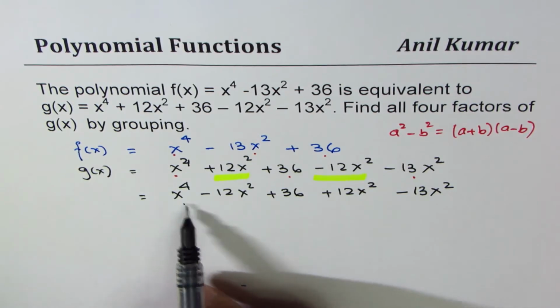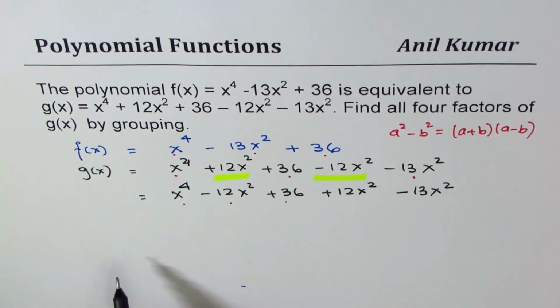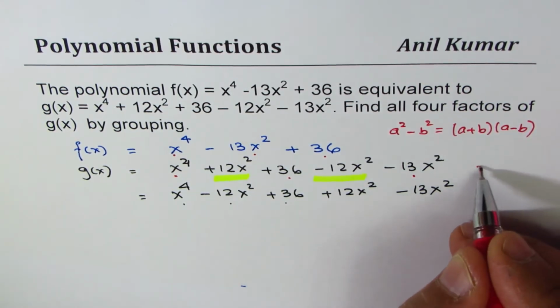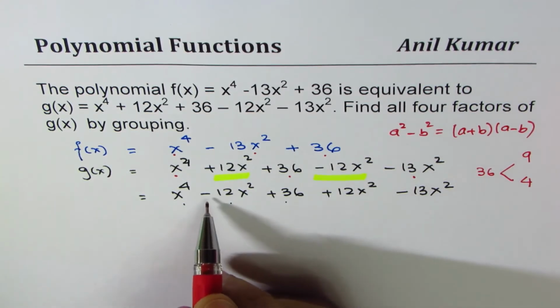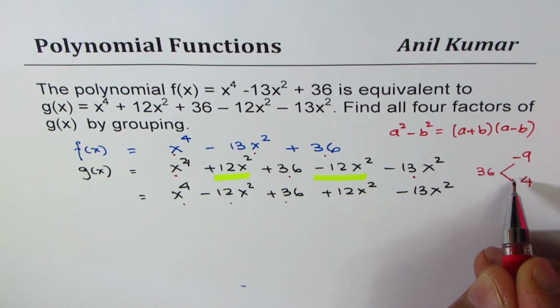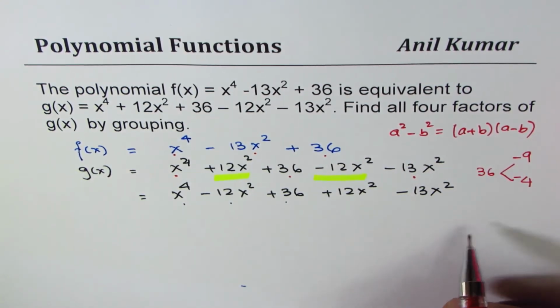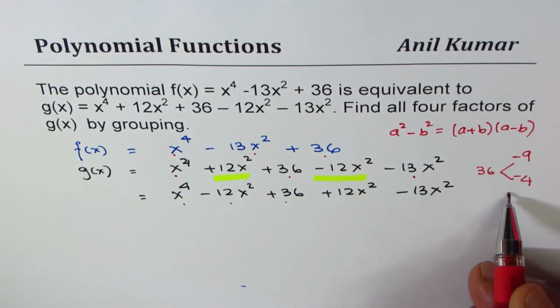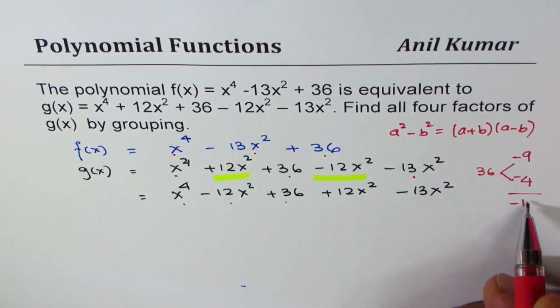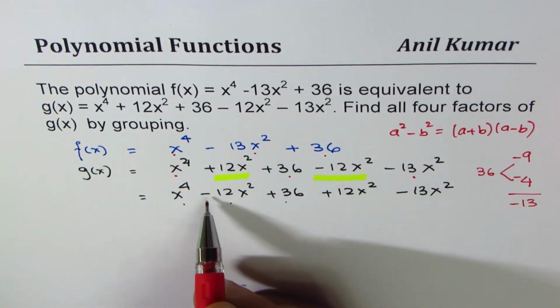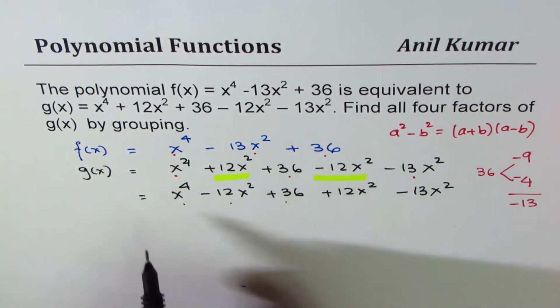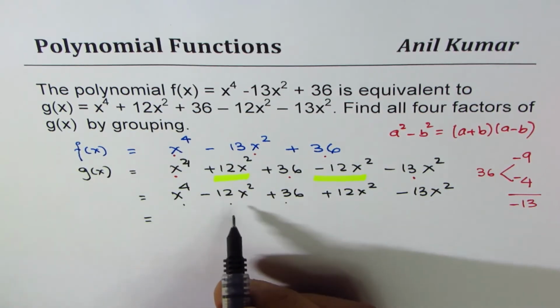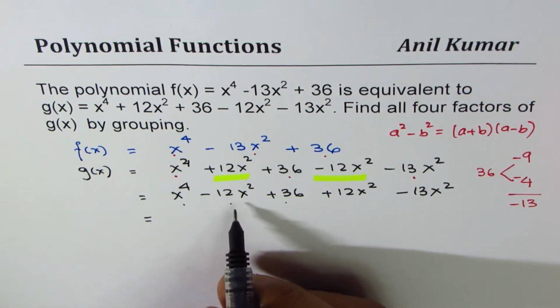Now, to make this a perfect square, we know 9 times 4 is 36, right? I could write 36 as 9 times 4. Since I need negative, it is minus 9 minus 4, whose product will be 36, but sum is going to be minus 13. Now to make minus 12 as minus 13, what I'm going to do here is add and subtract x squared, right?